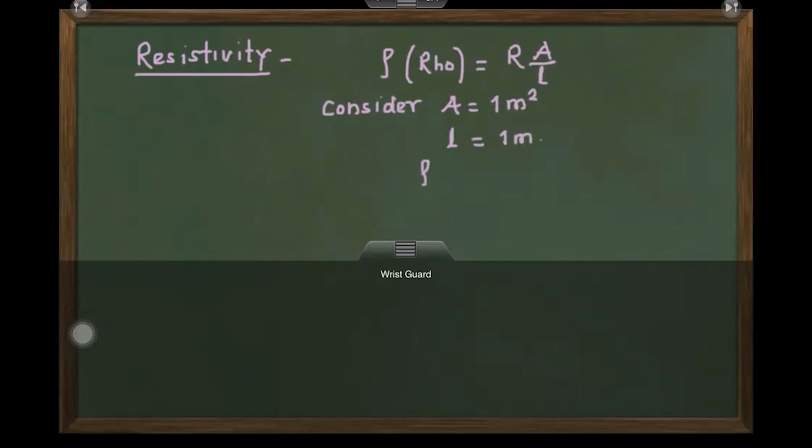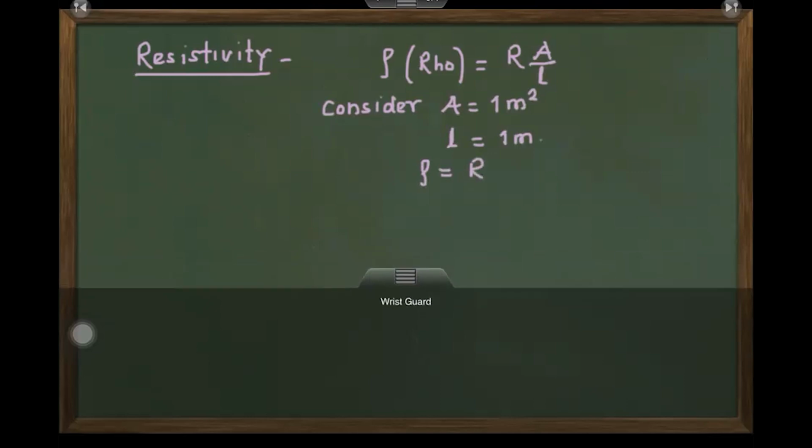Then rho is equal to R. So what can be the definition of resistivity? The resistivity of a wire is equal to its resistance when the wire has 1 meter length and 1 meter square cross-sectional area. So with the formula, we are giving its definition.